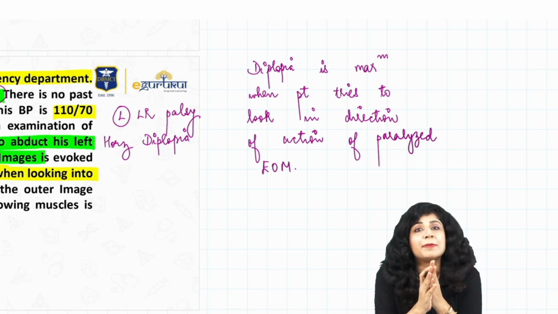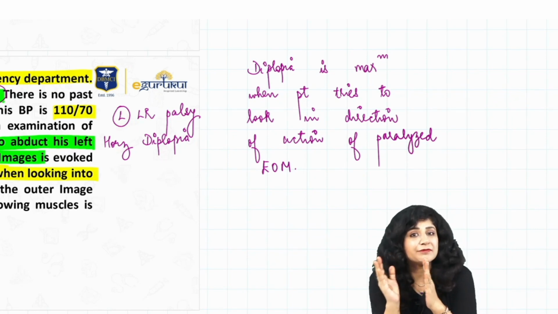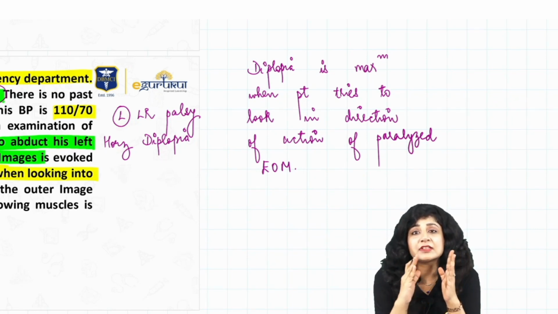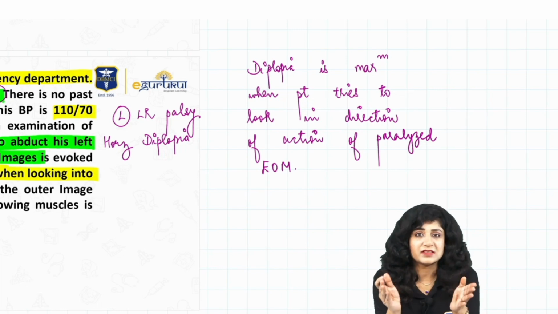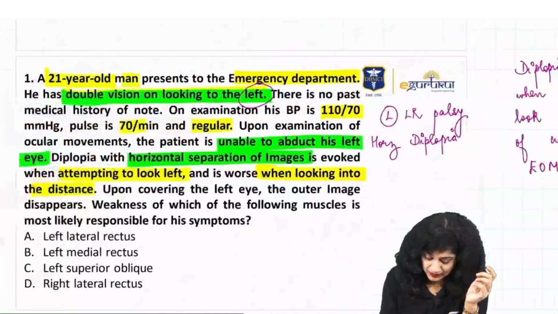That means when the patient tries to look towards the left side and left lateral rectus palsy is there, there should be an increase in the diplopia. So they are telling the same, right?